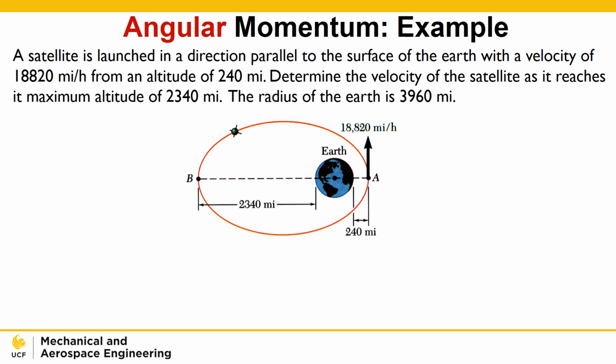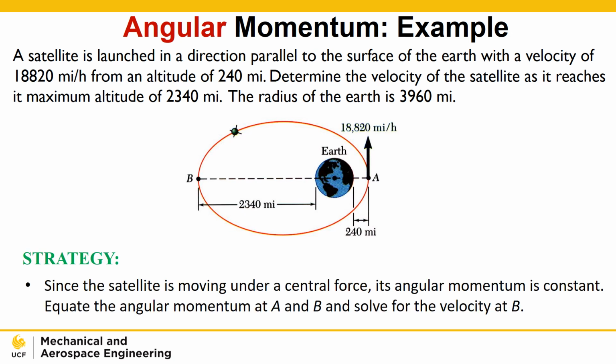The radius of the Earth is given to us, which is 3,960 miles. Note that we have mentioned previously that for motion of satellites around a planet or motion of planets around a star, it is convenient to use the angular momentum approach. In this problem, our strategy is to look at the motion of the satellite around Earth.